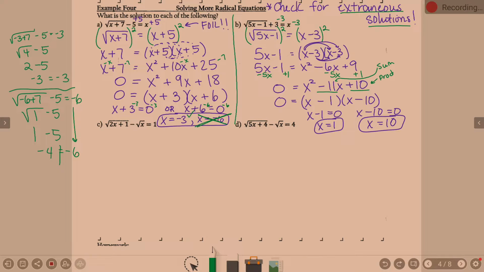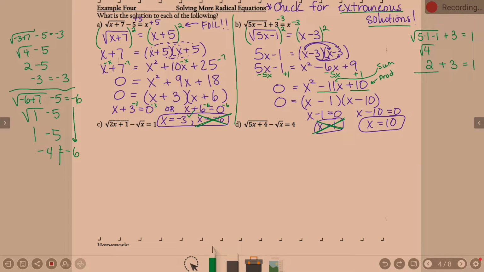Yeah. So I'm going to take 1, and I'm going to put it into my very original equation. 5 times 1 minus 1, square root of that, plus 3 equals, what am I putting in? 1. Okay, under my radical, 5 times 1 is 5, minus 1 is 4. The square root of 4 is 2. 2 plus 3 equals 1? That's a no-go.